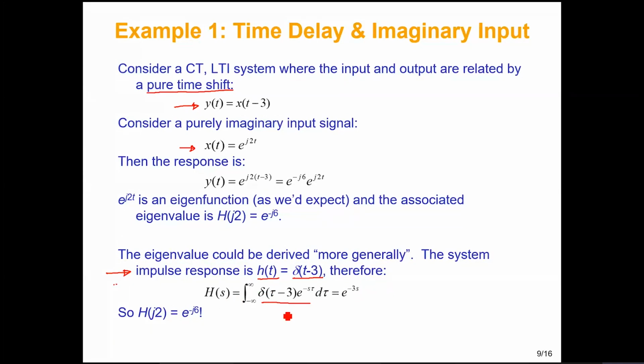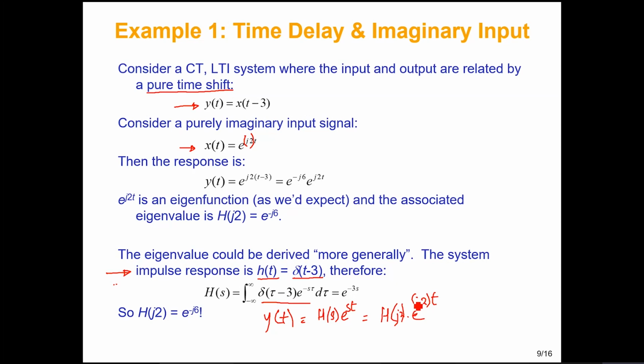Now if you want to find the output, y of t is going to be h of s into e raised to the power of st, if the input was e raised to the power of st. In our given example, h of s is this, and s in the given case is j2. So e raised to the power of j2t was given to us, so it is e raised to the power of j2t times h of j2.